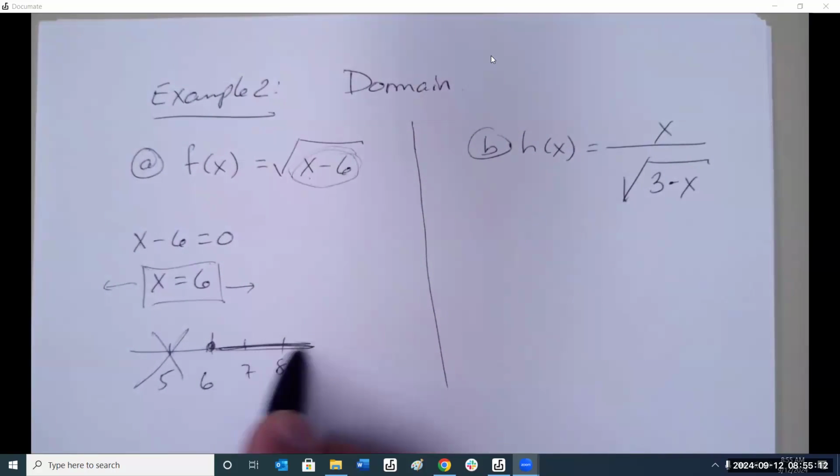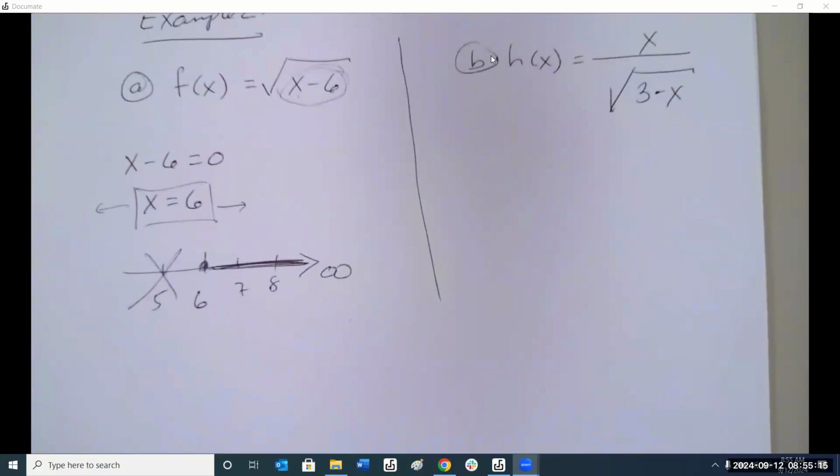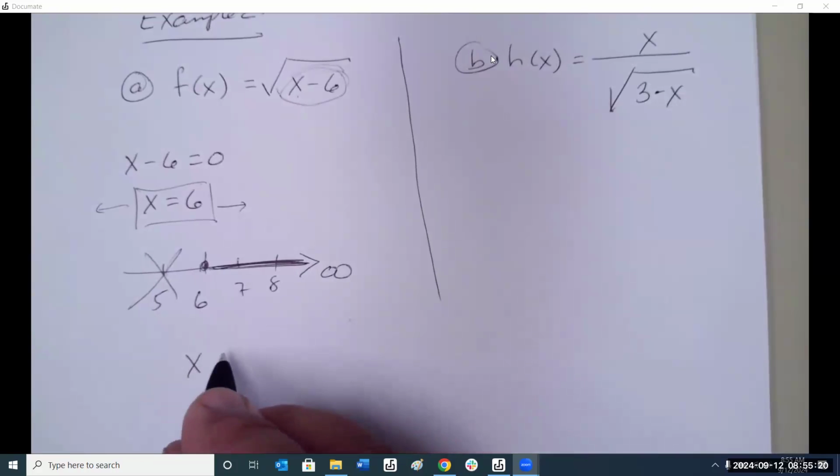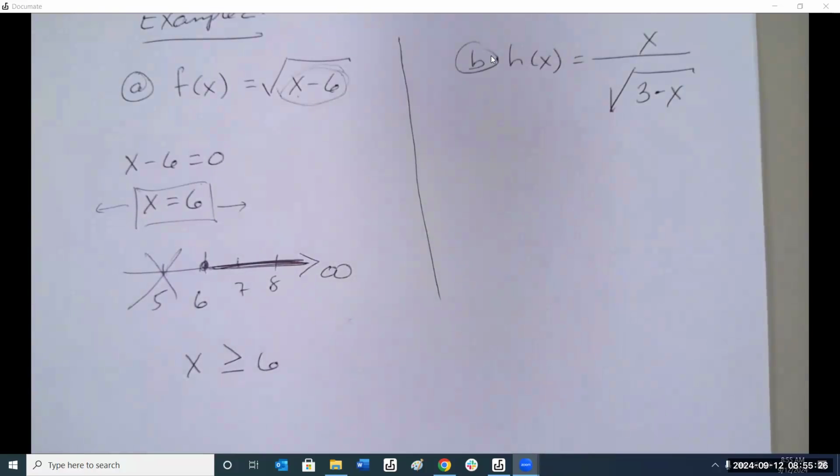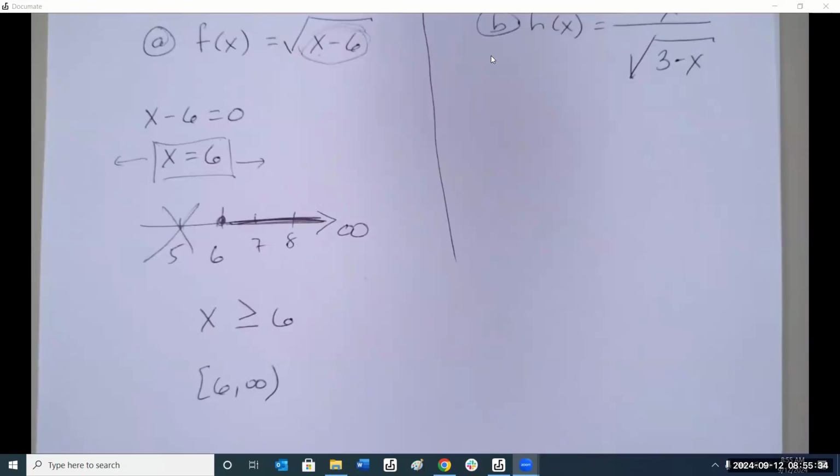So our domain is x has to be greater than or equal to 6, or it goes from 6 to infinity. All right, that's A.